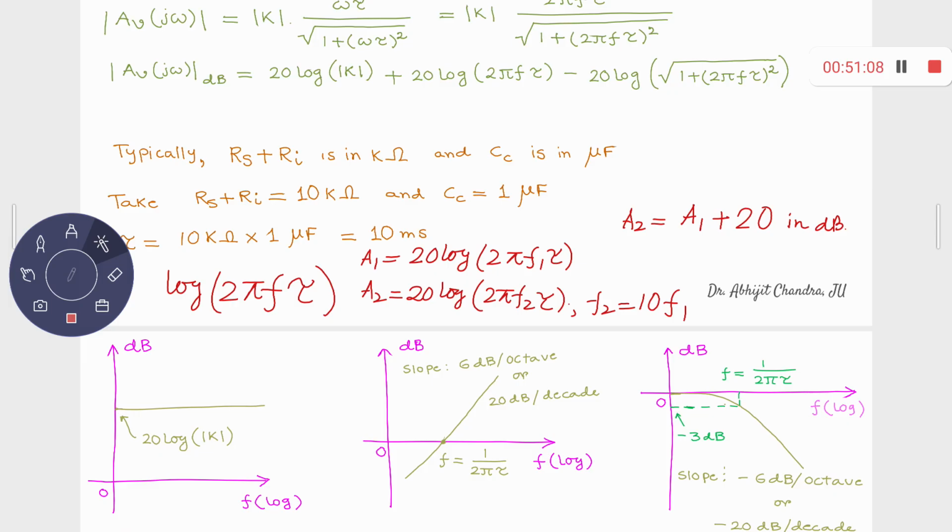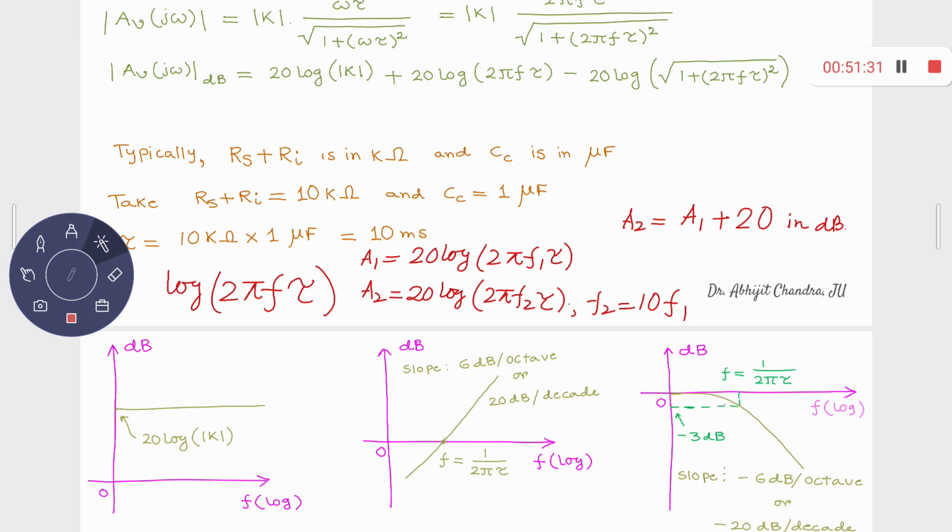And when 2πfτ is exactly equal to 1, then it is 20 log of root 2. That is how much? Minus 3. 20 log of root 2 is minus 3. That means at f equal to 1 by 2πτ, this is 3 dB less compared to the zero frequency gain.